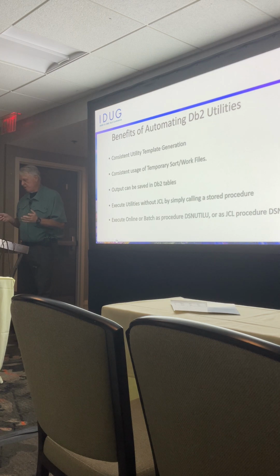Once you have all that working in your shop, with your standards and your sizes, you don't have to keep coding it over and over again. And the other major trick on this is I save the output in a DB2 table if you don't want to run JCL. So you can run utilities with zero JCL.